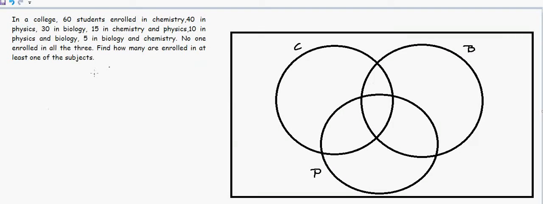So I've got a question here which looks fairly horrible, but let's see. So in a college, 60 students enrolled in chemistry.